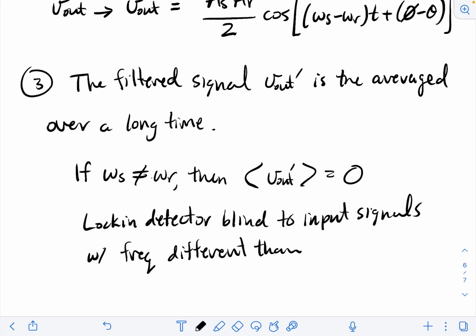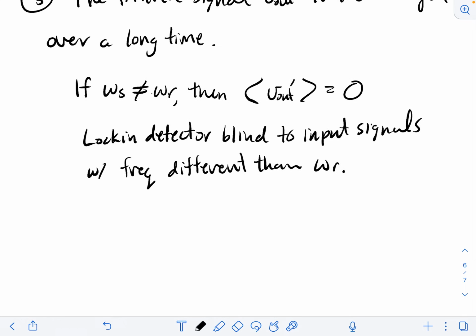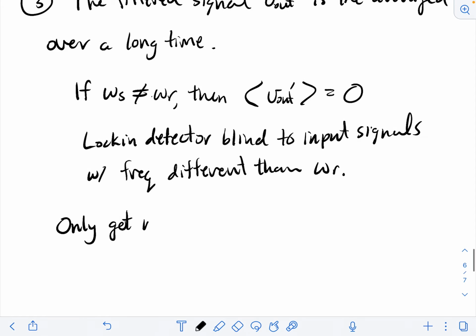So we only get a non-zero average when the signal of interest is at the same frequency as the reference signal. We only get non-zero averages when omega s is equal to omega r.